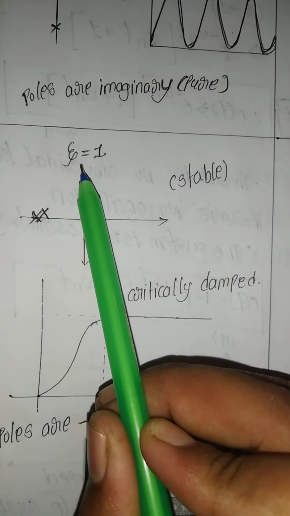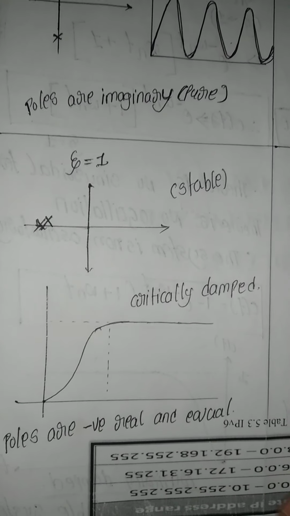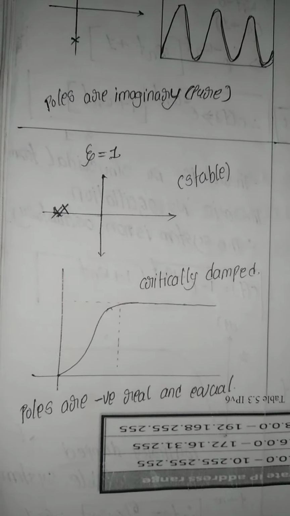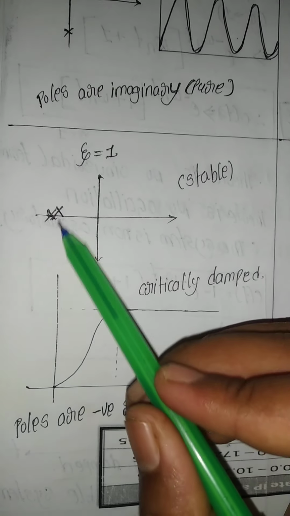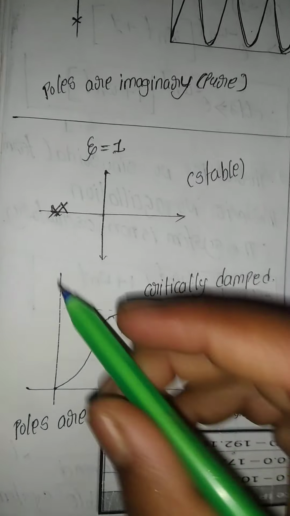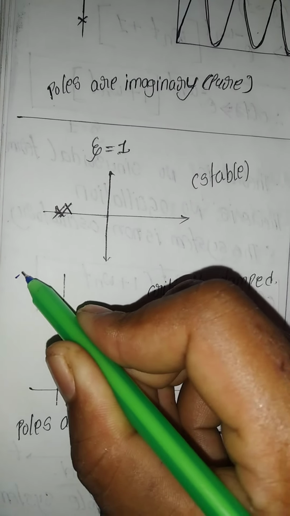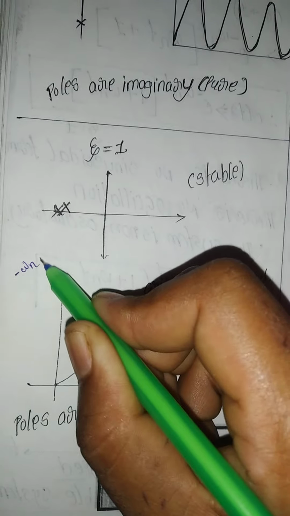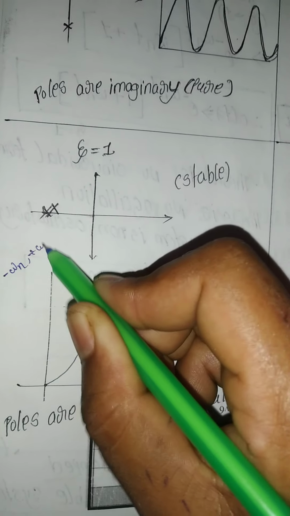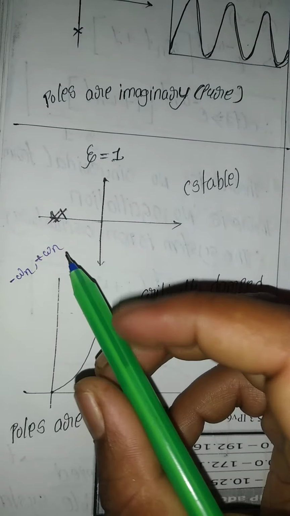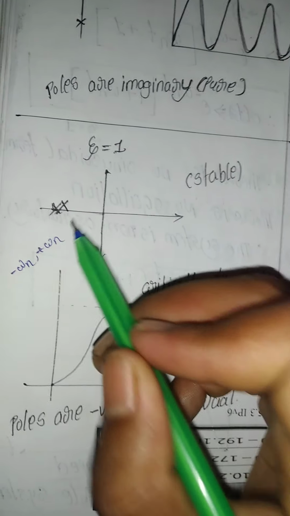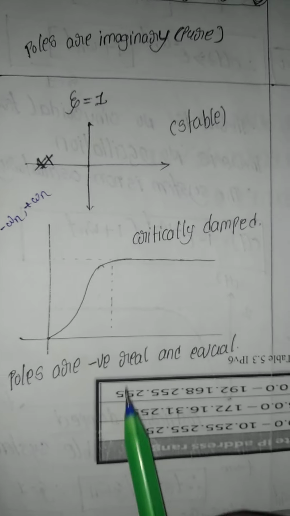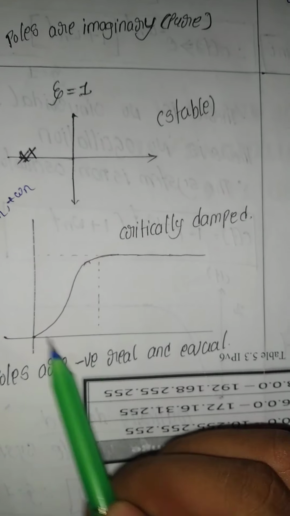Next one was when zeta reaches 1. When zeta reaches 1, the poles are negative real and equal. There are two poles, negative real and equal, at minus wn, minus wn. These are poles located at the same point. These are two poles, represented as a cross. In this case, the response reaches steady state without oscillations.